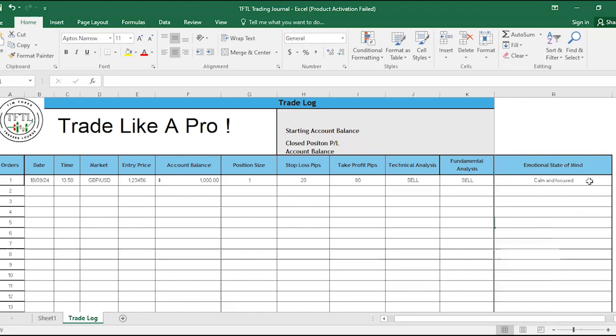Then what was your emotional state of mind when you took the trade and when the trade was running? Is it calm and focused, or maybe you are fearful, you are tensing while the trade was running? This will help you to know which psychological mistakes you make that hinder you from progressing or from seeing results.